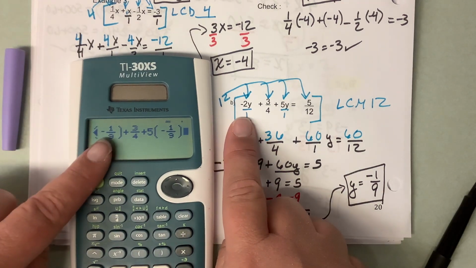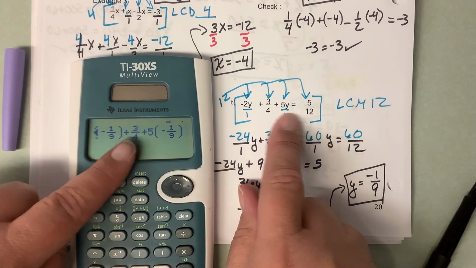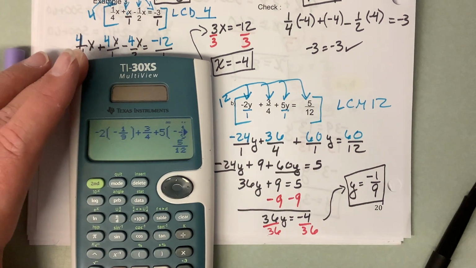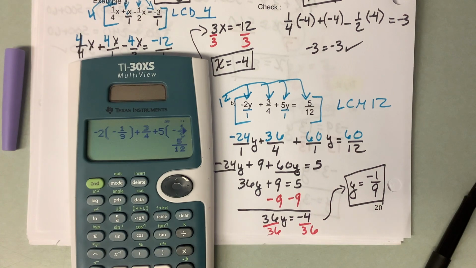Negative 2 times negative 9 plus 3/4 plus 5 times negative 1/9. Work. It did, 5/12. Look at that, mathing it up good today, Bono.